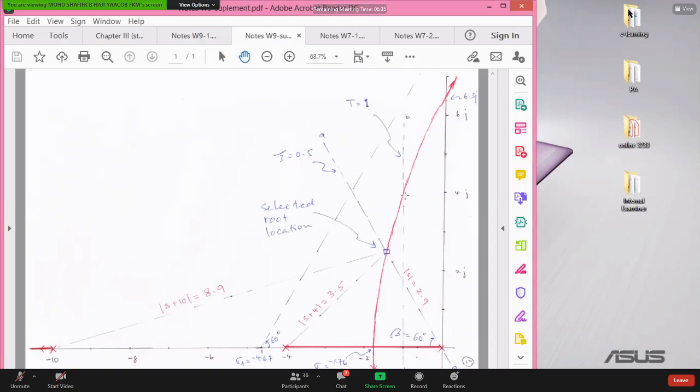And then you can select any point s between those two lines. The breakaway point, we use to draw the point where the locus will leave the real axis.